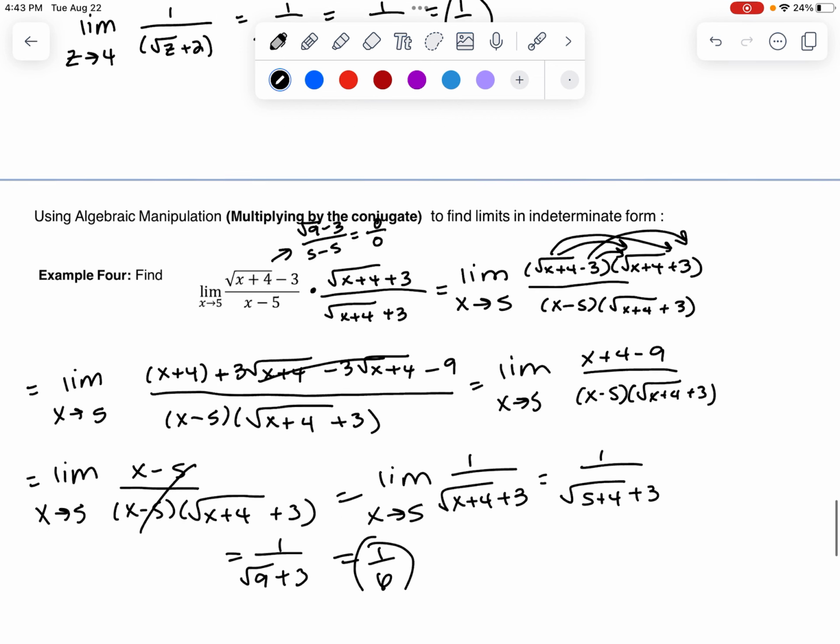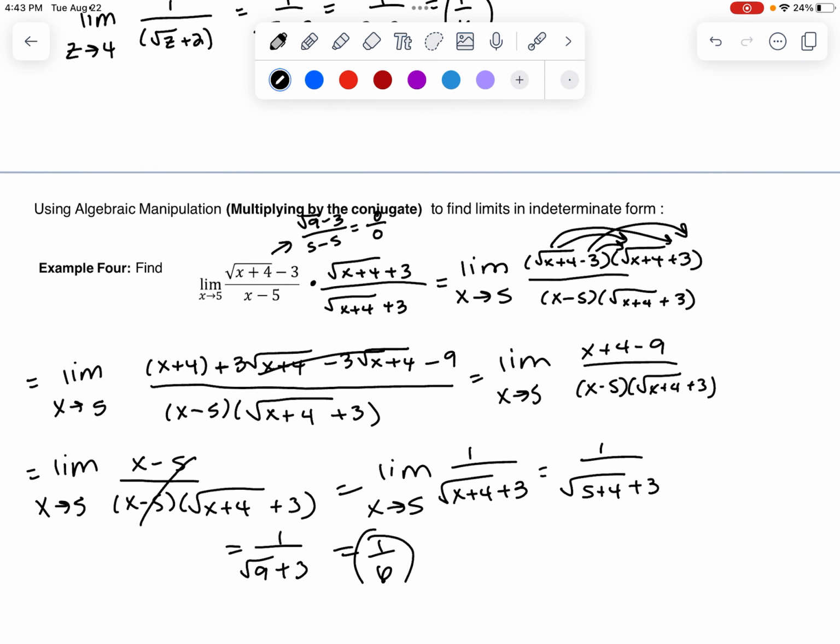And that is the answer, 1/6. The hardest part about these problems is just the algebra. So just keep practicing that and you will get the hang of it eventually.